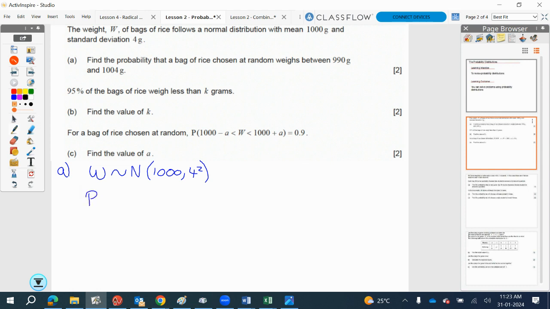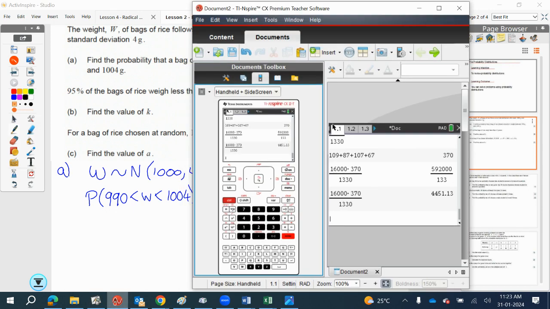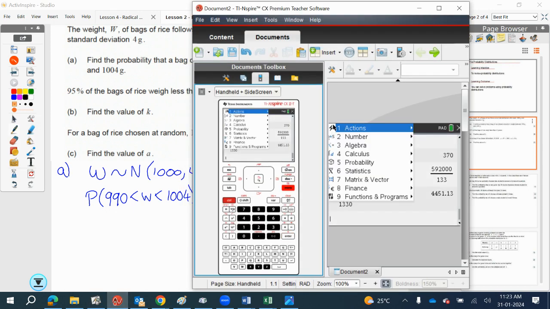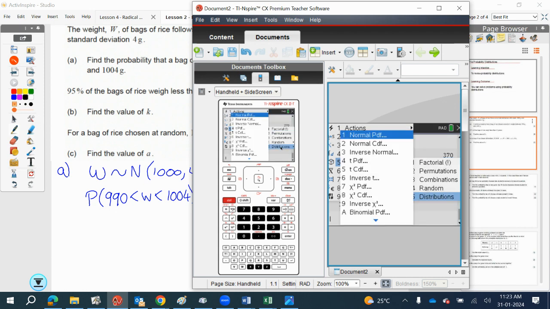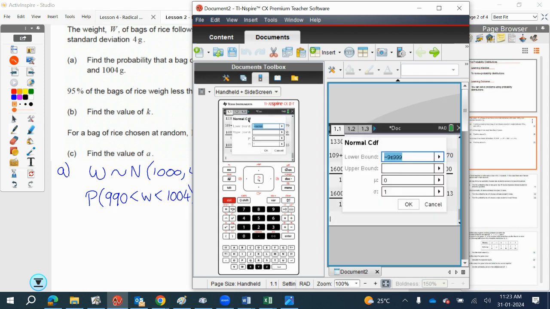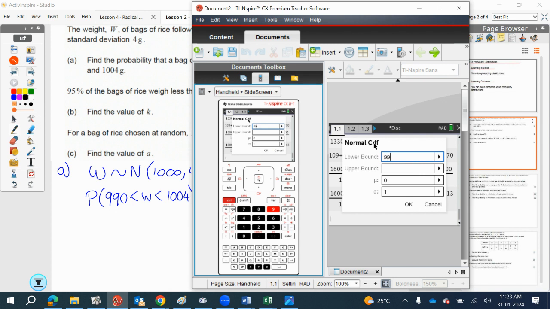So we want the probability that the weight is between 990 and 1004. The answer is 0.835. Check it on the calculator: menu, probability, distributions, normal. We want from 990 to 1004.